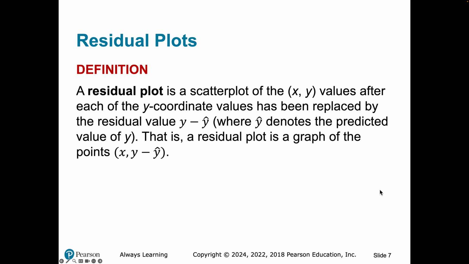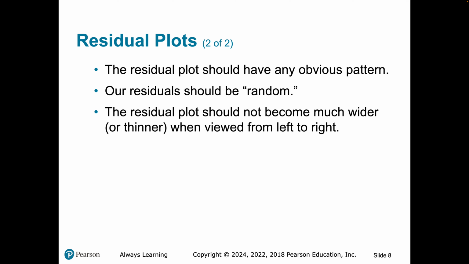Residual plots, something we'll use to test assumptions. Residual plot is just where we plot the residuals over the x value. And what we look for in residual plots is no obvious pattern. Our residuals should be random and not have a pattern to them, and the residual plot should not become wider or thinner when moving from the left to the right.